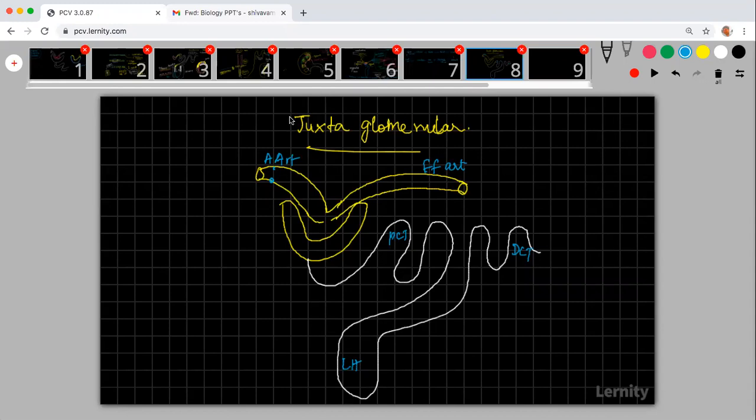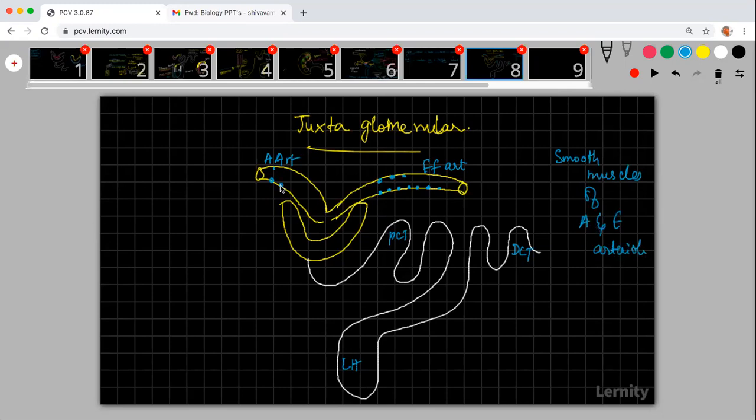The walls of the afferent arteriole and efferent arteriole have smooth muscles, and these muscle cells have some small dark stained cells. Where are they located? They are located in the smooth muscles of the afferent and efferent arteriole.